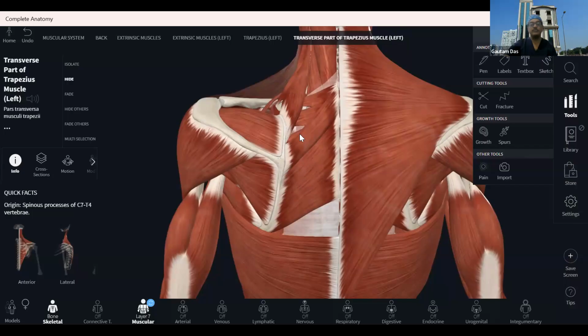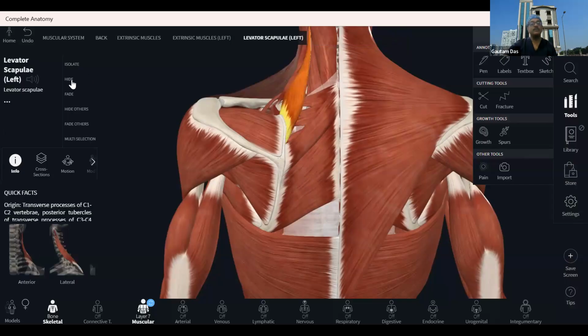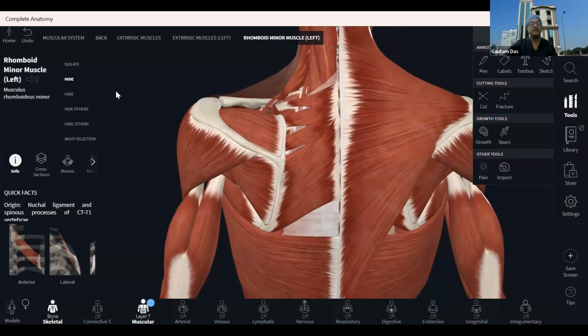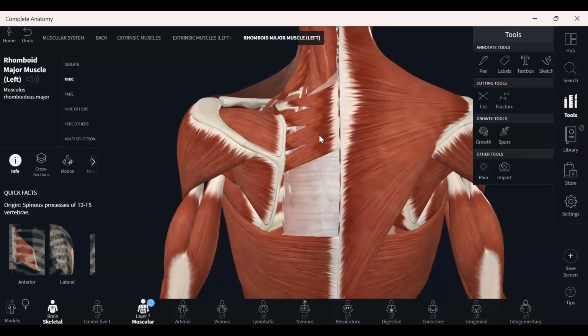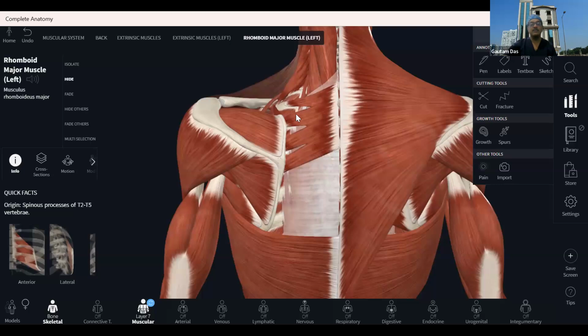So in this layer, we'll be getting the spinal accessory nerve. And then if we remove this layer of muscles, the second layer, then we'll be getting which muscle? This is your serratus posterior superior muscle. So between the rhomboideus and the second and third layer muscles, we'll be getting the dorsal scapular nerve.